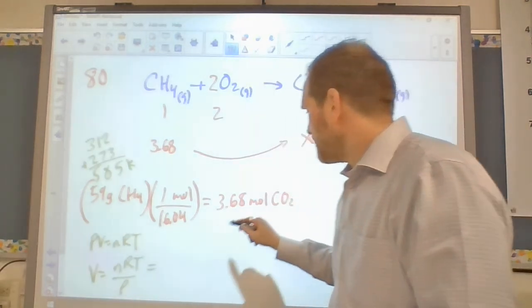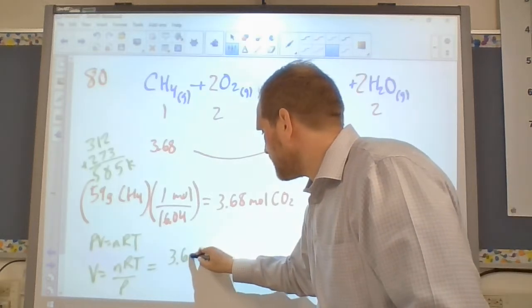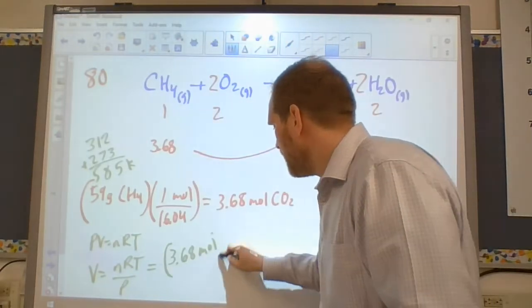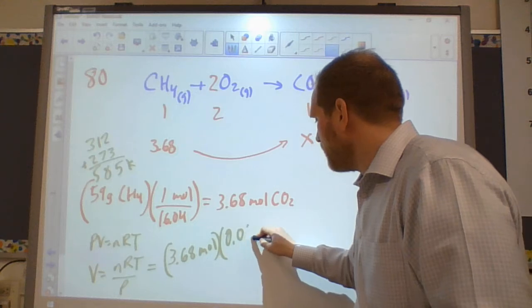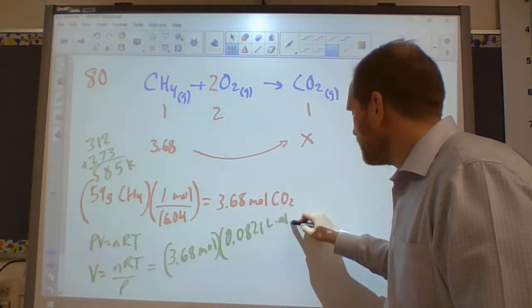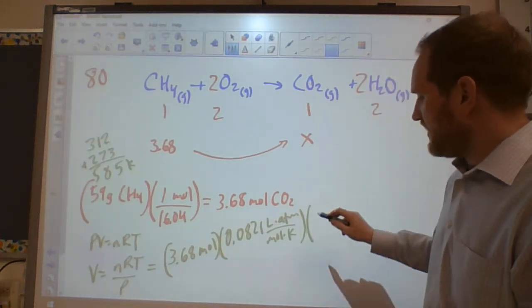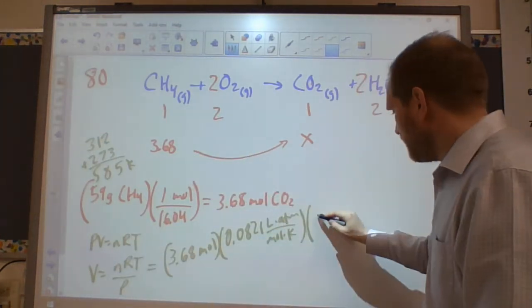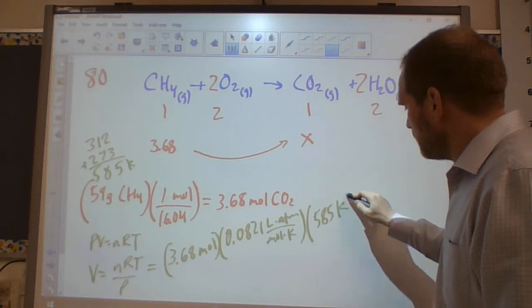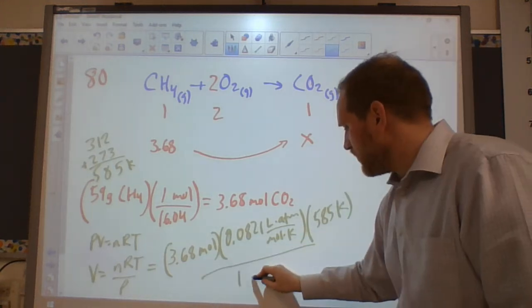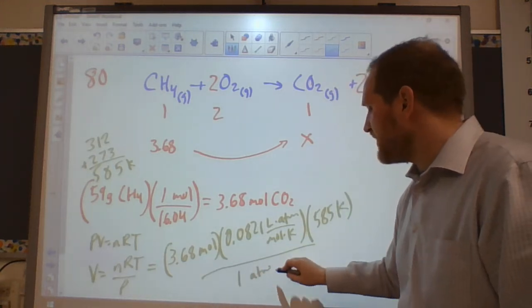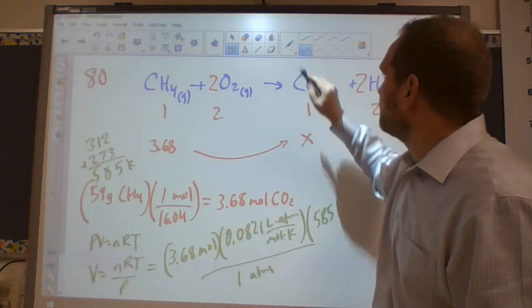So, volume equals n is 3.68 moles. R is 0.0821 liters atmospheres over mole Kelvin. T is 585 Kelvin. And P is 1 ATM, and that's an infinite one, 1.0000.